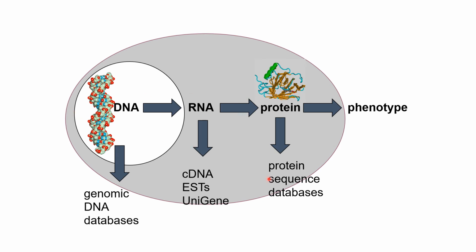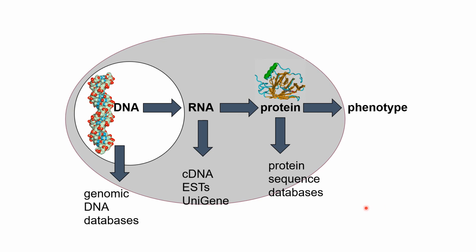Now, we have dedicated databases for each level of the central dogma. From the DNA, we have genomic, or basically nucleic acid, or DNA databases. For the RNA, we have the cDNA, the copy DNA, basically RNA that is reverse transcribed to DNA, expressed sequence tags, and the UniGene databases. For the proteins, we have protein sequence databases.